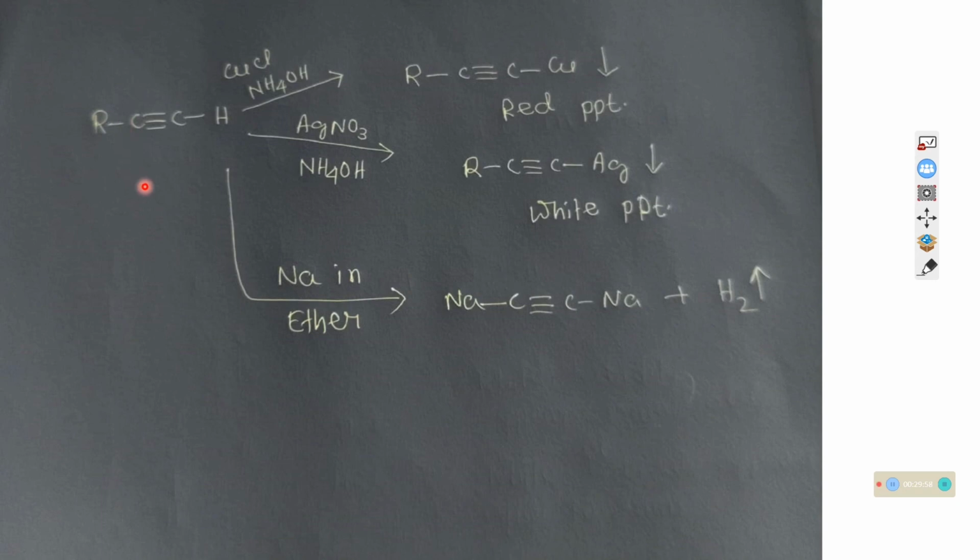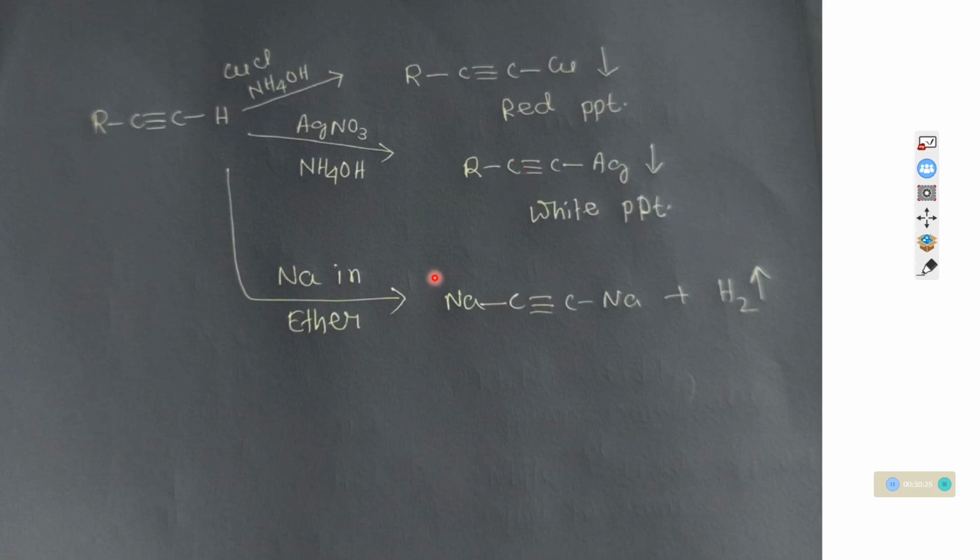We all know this functional group test. If you use copper chloride with ammonium hydroxide, a terminal alkyne gives a copper salt, and a red precipitate forms. If we use silver nitrate in place of copper chloride, then white precipitate appears, the silver salt.